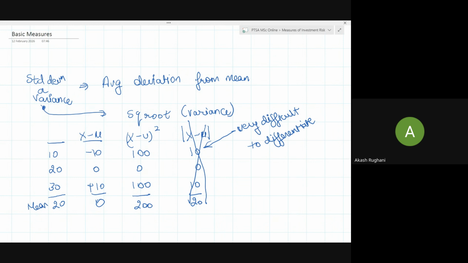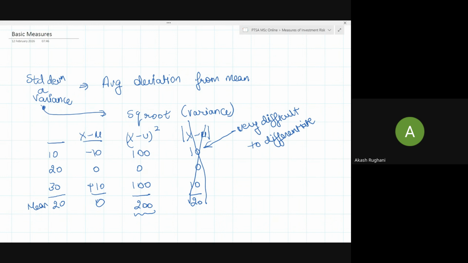In order to ensure that we are able to differentiate and integrate it easily, the differential of a square is very easy. We know that the differential of x squared is 2x. If I have to integrate, I can integrate it back also. So that is the reason why for standard deviation you don't use mods, you use squares, because of differentiability.